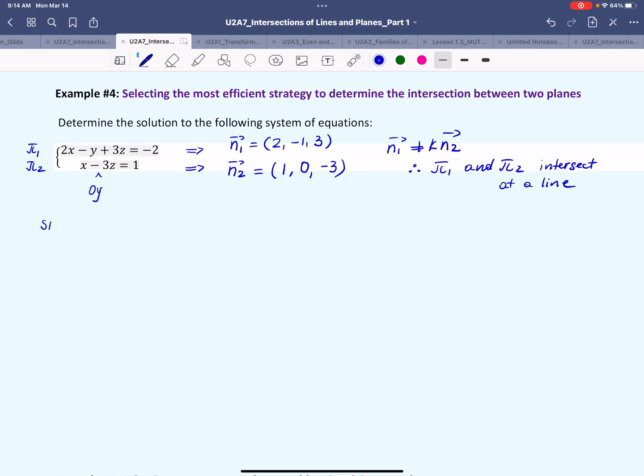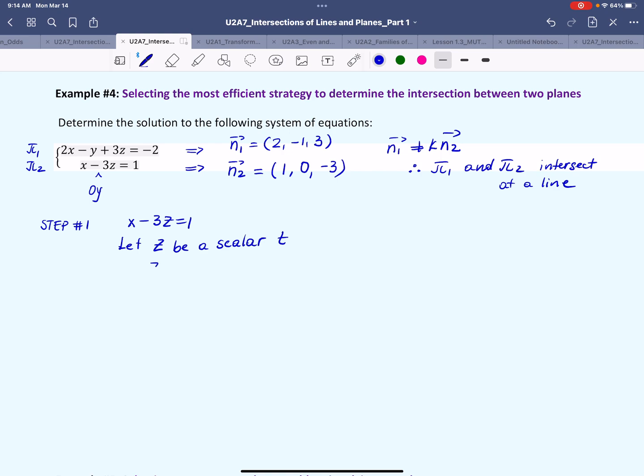So that would be our step number 1. We'll start off with x minus 3z equals 1 and let z be some scalar. Remember that you can choose either x or z to be given a scalar value, and I'm going to choose t.